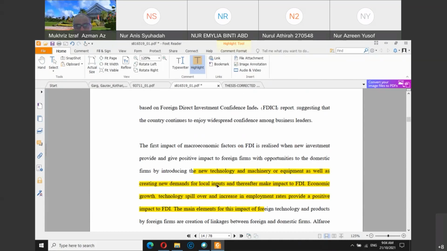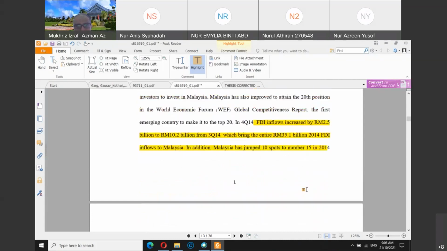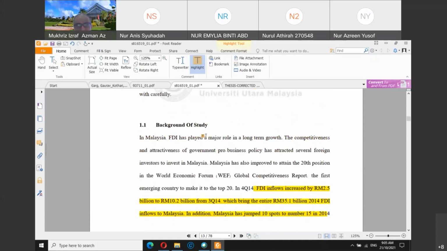So basically, the purpose of this second paragraph is supposed to give the reader or the examiner some idea on what the macroeconomic variables are that are linked to FDI. Besides that, it is a very simple introduction.